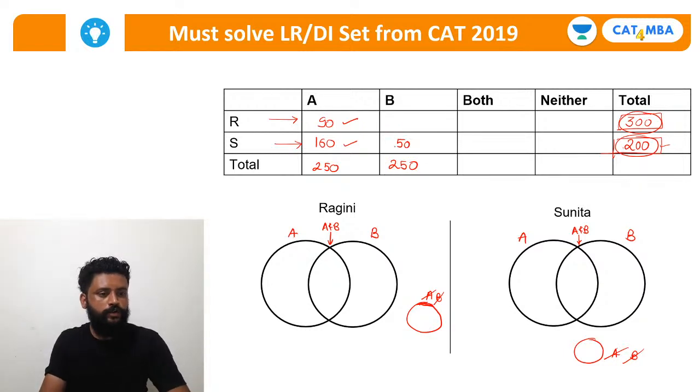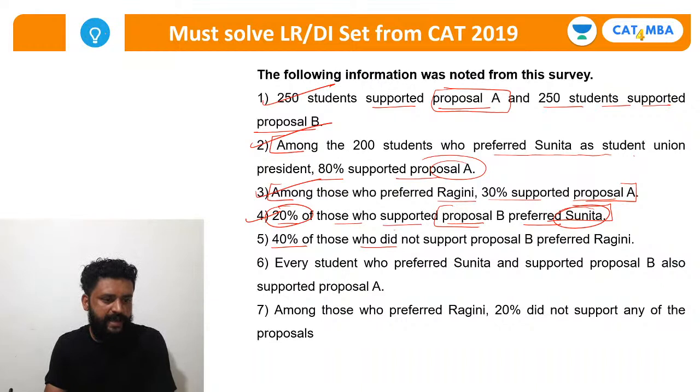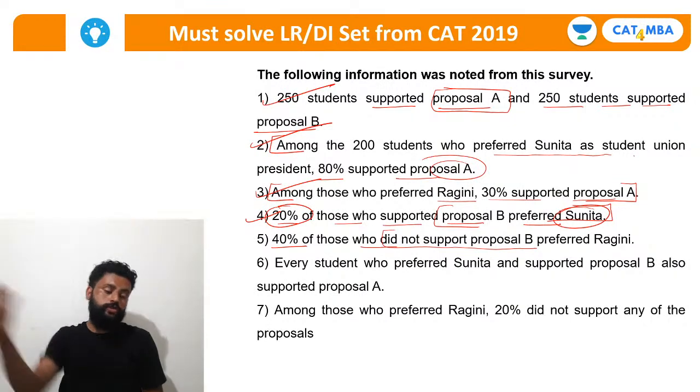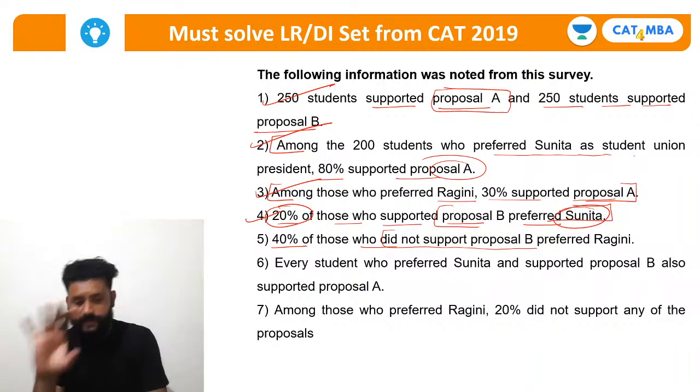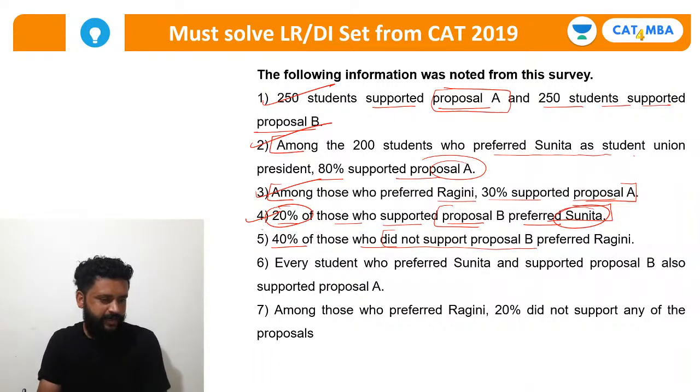Have you understood, Nicole, this part, how it is 50? Okay, after that this clue we will keep aside, because "did not support proposal B" will include a lot of people: those who support neither, and also those who support only A apart from B. So this is a bit different; we keep it aside and use this one.